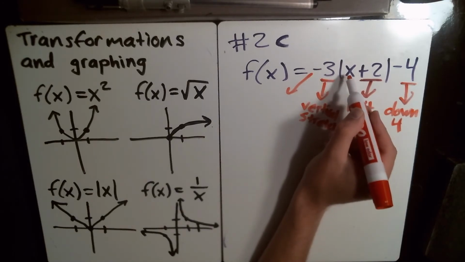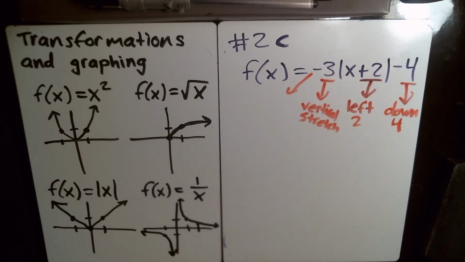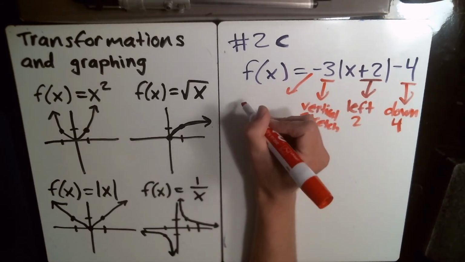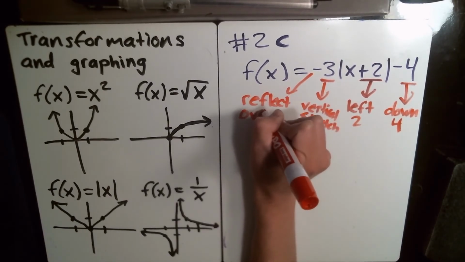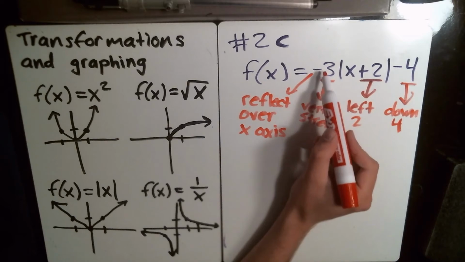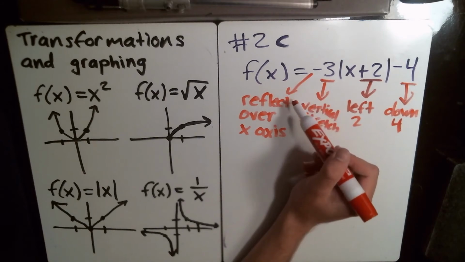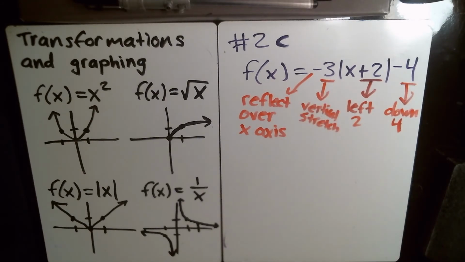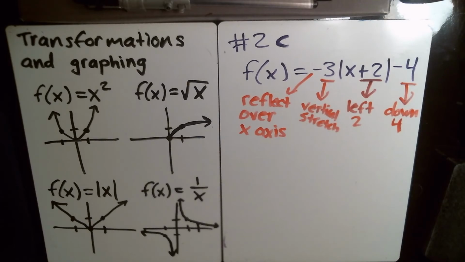The negative isn't next to the x, so it's hitting the y, making your y's negative. So when you have a negative not next to the x, it reflects over the x-axis because it's flipping all the y's to be the negative of what they were before. Now if the negative was next to the x, it would reflect over the y-axis, okay?